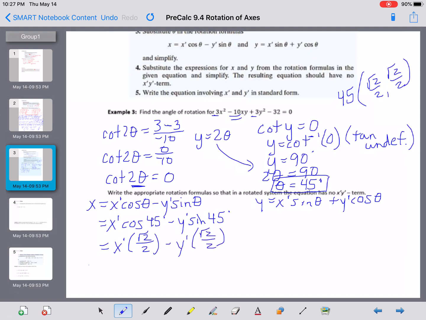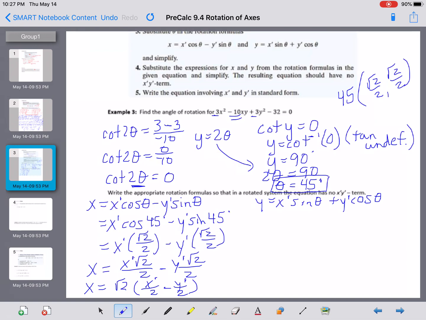We can leave this as is: x prime radical 2 over 2 minus y prime radical 2 over 2. As we work through some of this, because of all the radical work, sometimes I factor the radical off, and so I might write it radical 2 times x prime over 2 minus y prime over 2. So just giving you some options here. Remember, there's a lot of algebra we're going to do with it, so whatever feels comfortable for you as a fraction, as long as you keep your algebra true, okay?